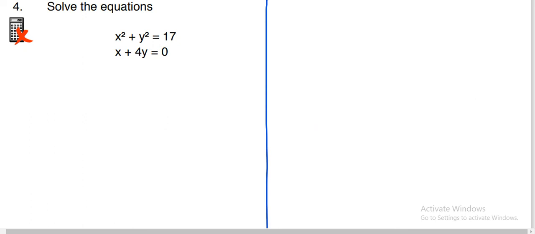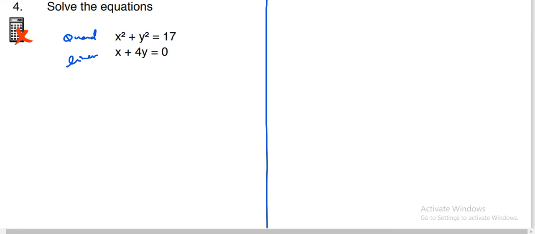Question 4. As we said before, this is quadratic, this is linear. Here both are with power 2, so no difference here. Whatever letter we choose, we will get a bracket power 2. So no chance here to simplify calculations by choosing the letter with power 1.